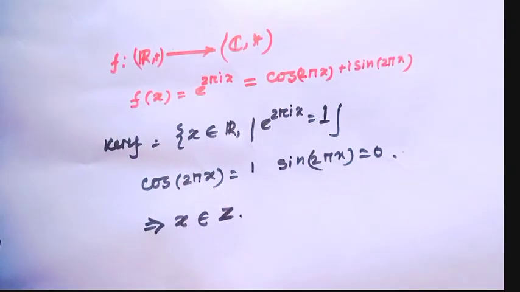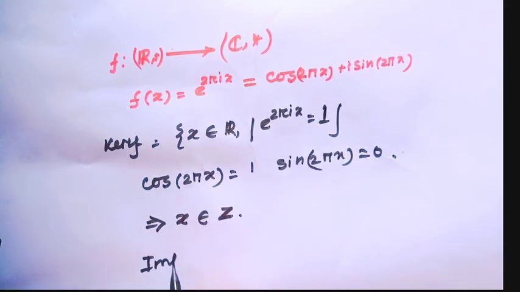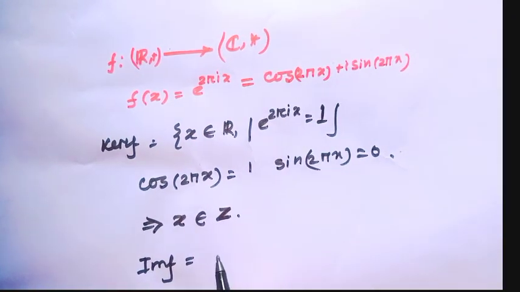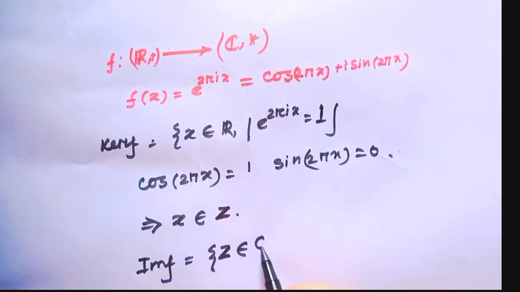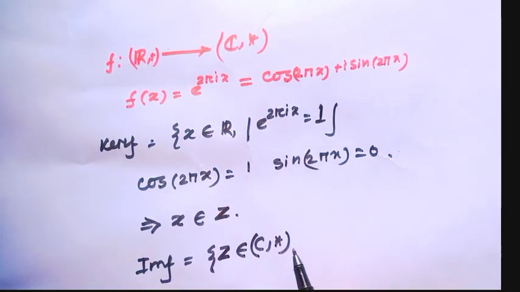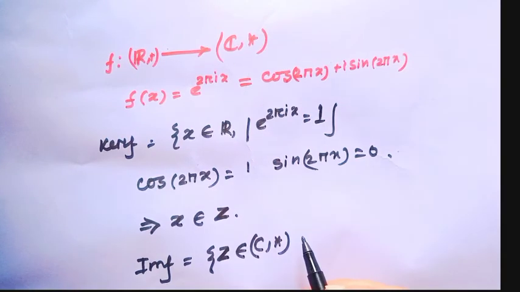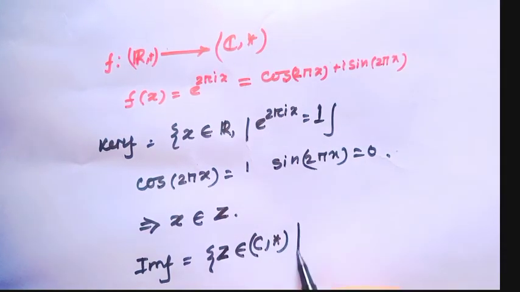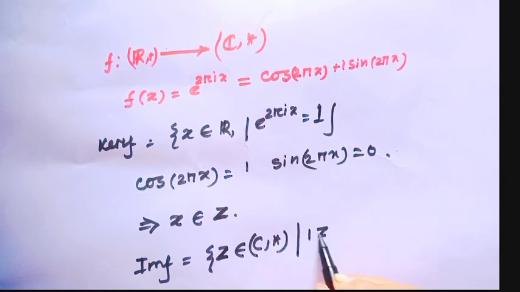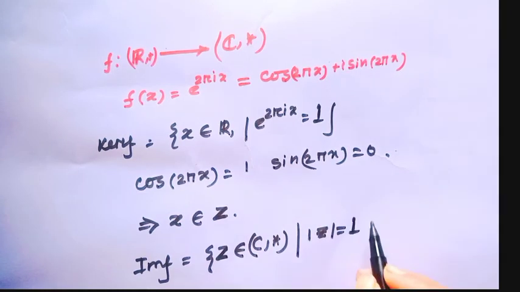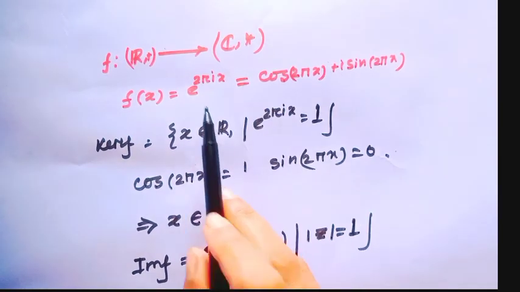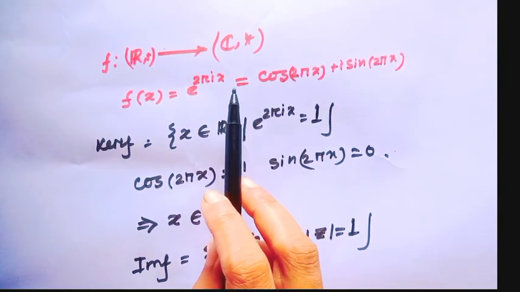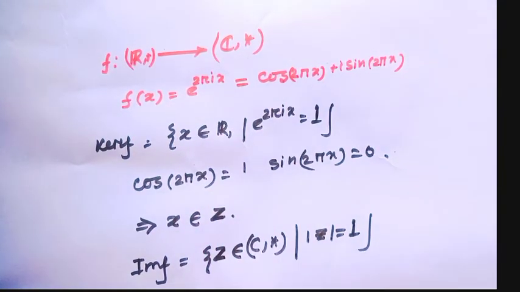And what would be the image of f? Just think. The set of all z in the complex numbers under multiplication such that the modulus of z equal to 1. That means the set of all points on the unit circle, because the mapping is e to the power 2 pi i x. Are you getting? This mapping all of us know.